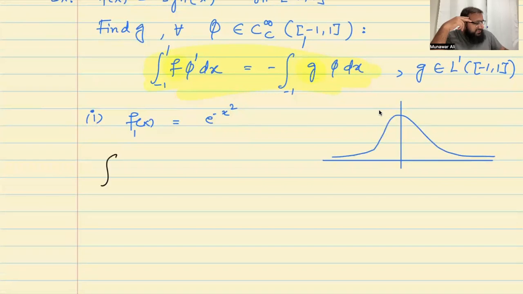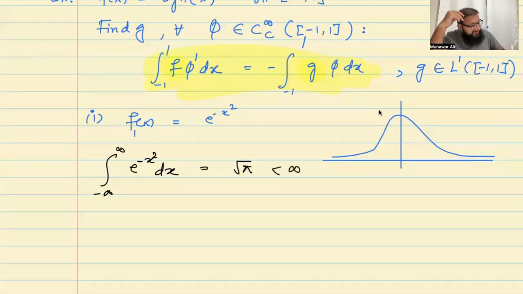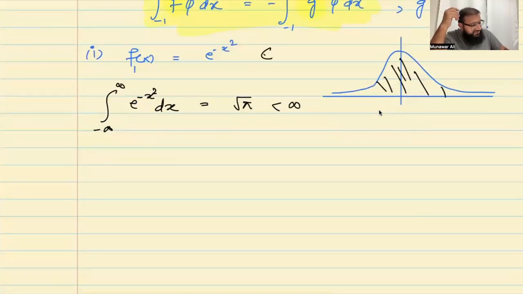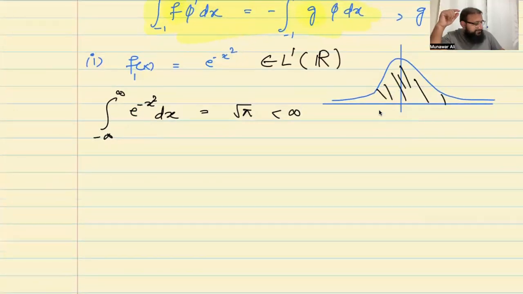So the question is, when I integrate e to the negative x squared dx, not from -1 to 1 but from negative infinity to positive infinity, what's my answer? I think this is the square root of pi, which you can find easily, and which is finite, because this is the area under the curve and it is finite. So we say that this function belongs to L1 over the whole of R.